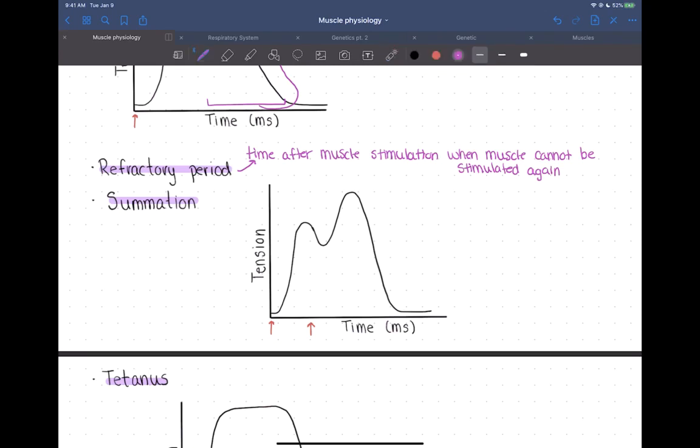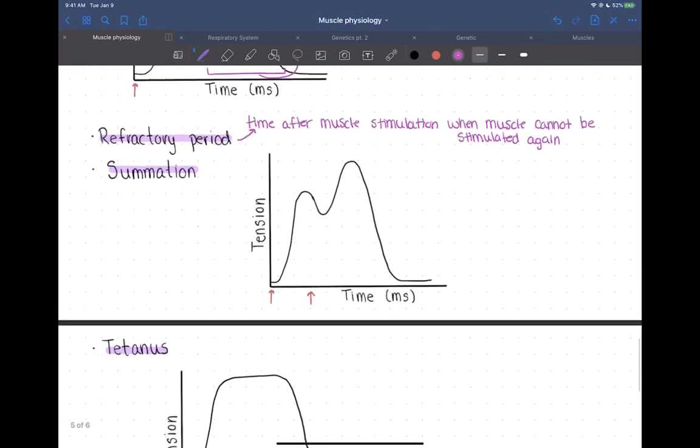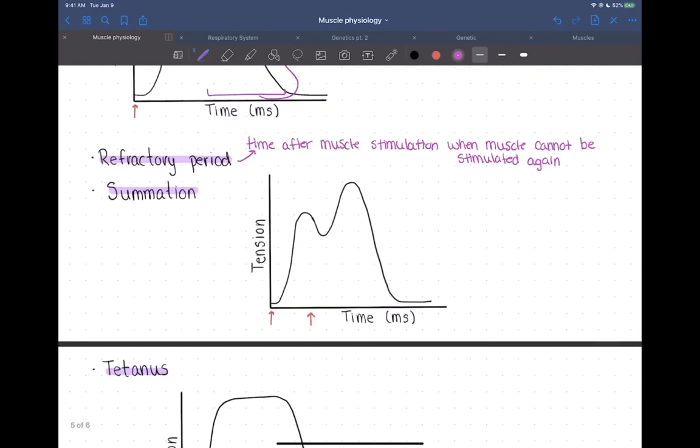So the first thing that we can talk about is summation. With summation, this is when you stimulate the muscle before it's completely relaxed, before it completely relaxes and goes back to baseline.